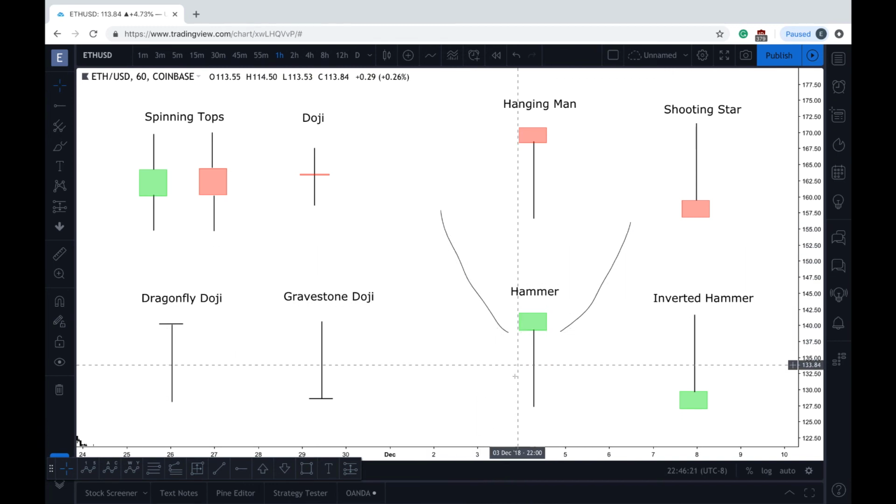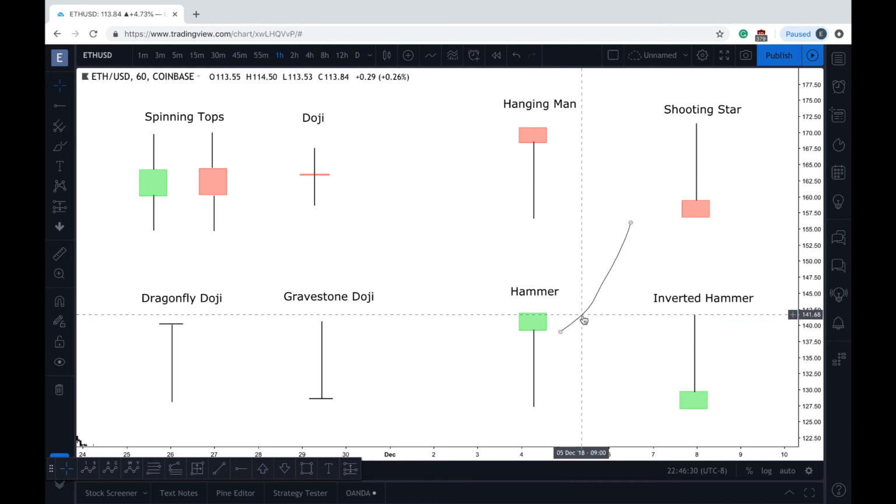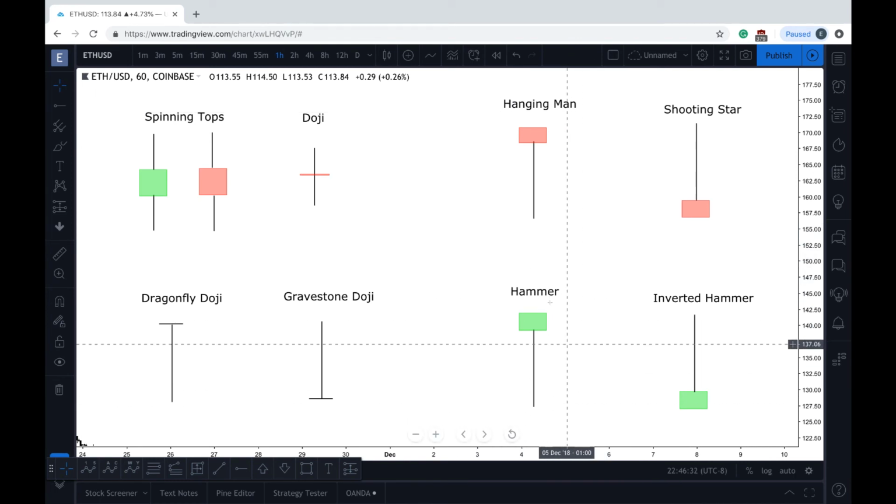Downtrend, bears push it down. By the end of the trading session, the bulls push it all the way back up and turn it into a green candle. And this kind of shows that towards the end, bulls got the upper hand. There was some seller exhaustion, and you can look for a reversal there. Hanging Man, exact opposite.